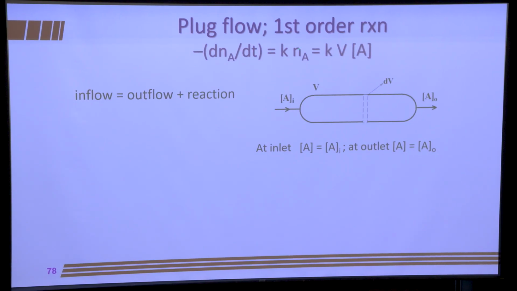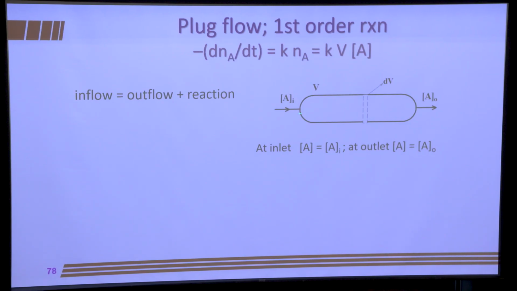Okay, so again, for plug flow, it actually follows first order kinetics, okay? But again, we have the same equation. The change in number of moles of A, again, we're assuming A is reacting to give products, okay? And we have the change in number of moles of A with respect to time is equal to the rate constant times the number of moles of A. And that's equal to the rate constant times the volume times the concentration of A, okay?